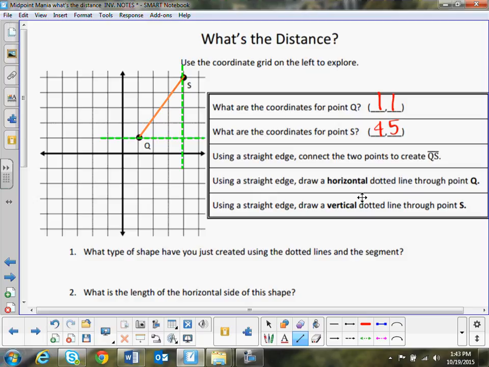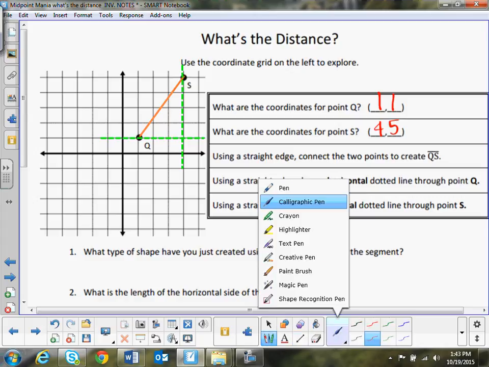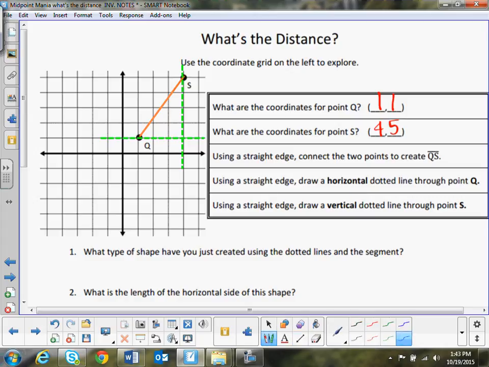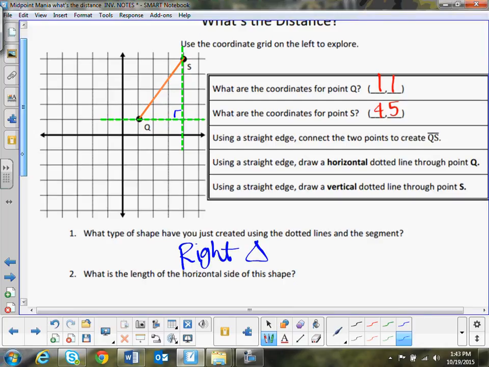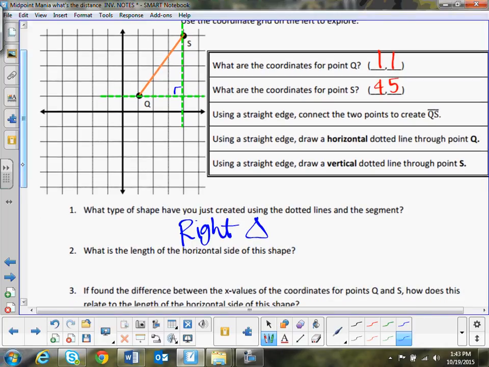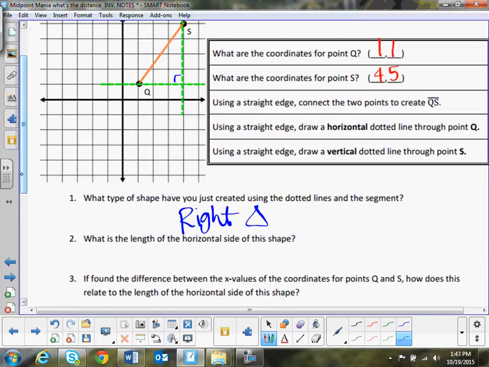What is the shape that you just created, guys? Right triangle. Write that in problem 1. Right, there's our right triangle right there. You can put the right angle in there also. Okay. What's the length of the horizontal side, y'all? 3.